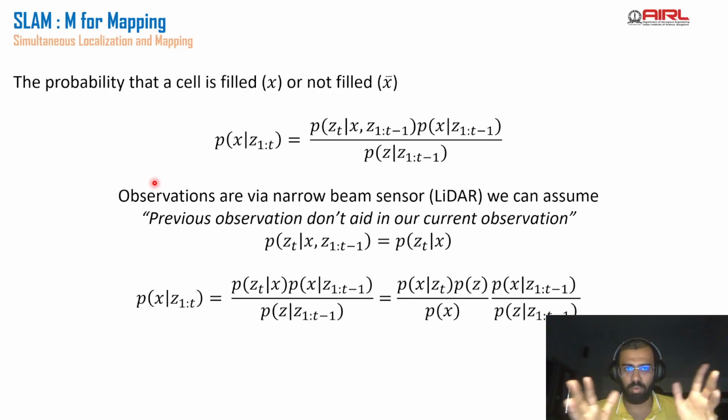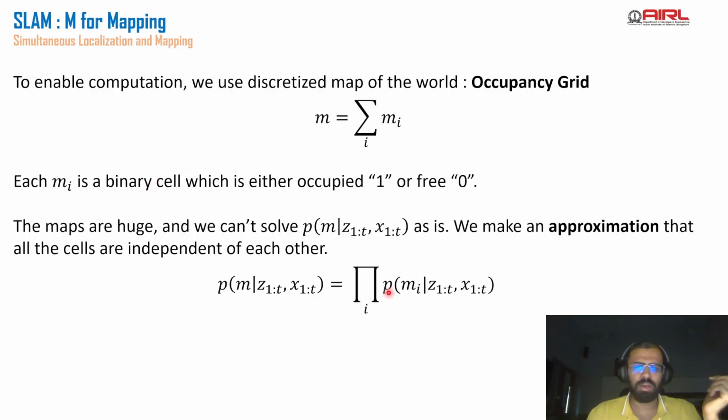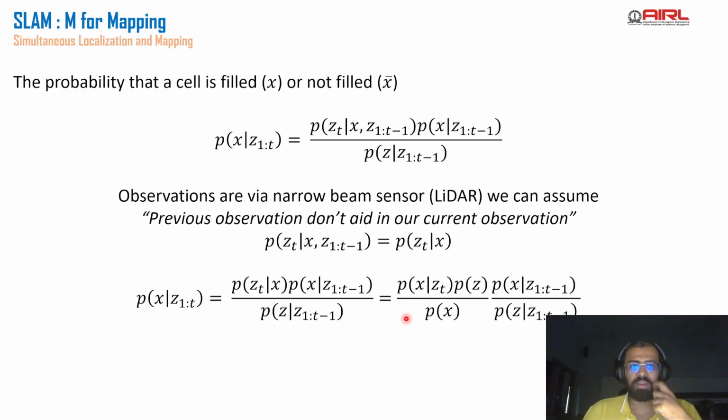So now we have approximated that each cell is distinct. So I just need to multiply these cells up and then I can get a really good map out of it. But before I do that, let's think from a slightly different perspective. The probability that a cell is filled or not, given a particular observation: using Bayes' theorem, I will expand this, and also the term above.